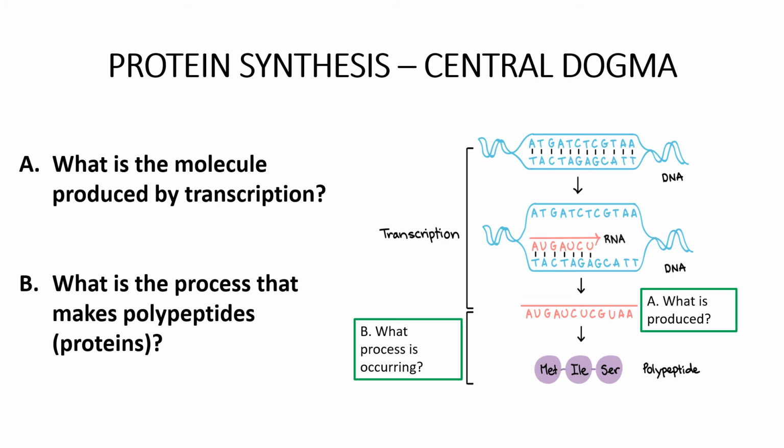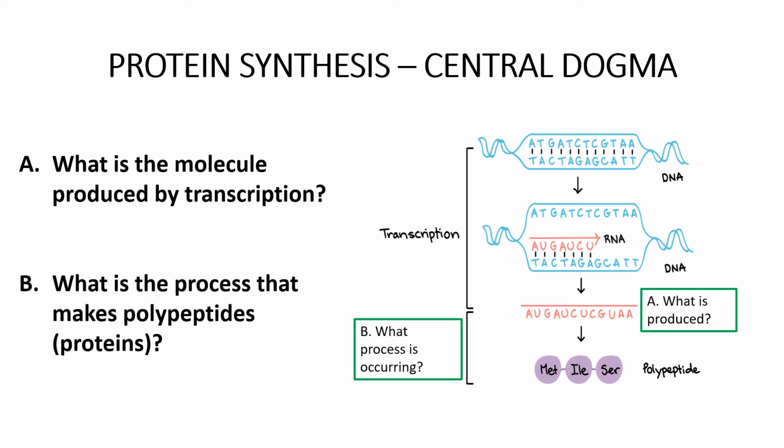The picture that you see on the right-hand side shows you the same thing that you saw in the last picture. It's just angled differently. So DNA is being copied to make RNA, and then you have another arrow down that points to a polypeptide.